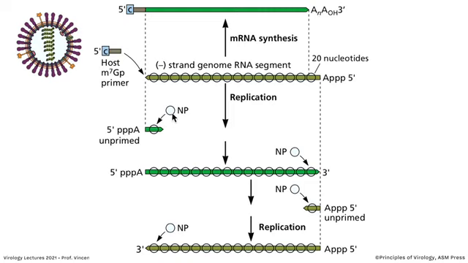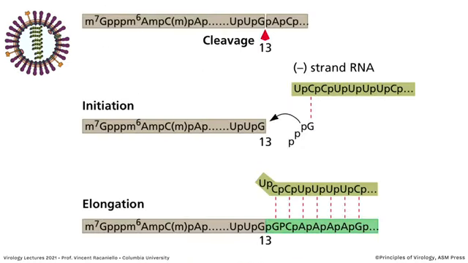When nucleoprotein levels rise to sufficient levels in the host cell, the initiation occurs without a cap. It's just initiated de novo with an A. That's what nucleoprotein can cause. And then the copying goes all the way to the 5' end of the negative strand, so you make a complete plus copy, and now you can use that to make more genomes. So again, the NP is the key to this switch between mRNA and genome synthesis.